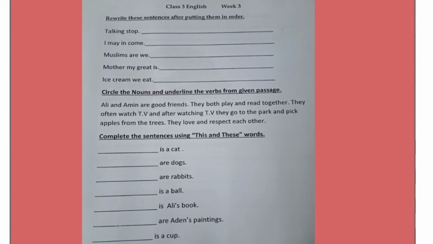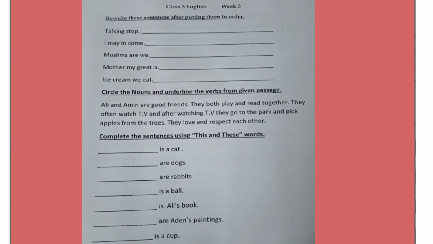Park is a noun, circle it. And pick is also a verb, so underline it. Apple is a noun, so circle it. Trees are also nouns, circle it. They love and respect each other. Love and respect are also verbs, so underline these verbs.